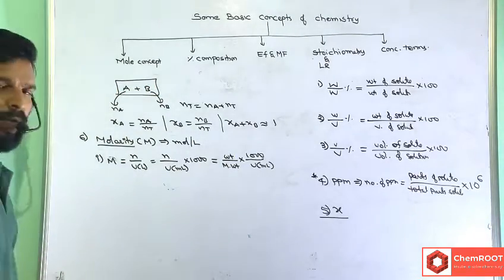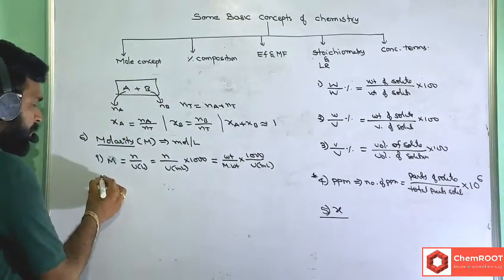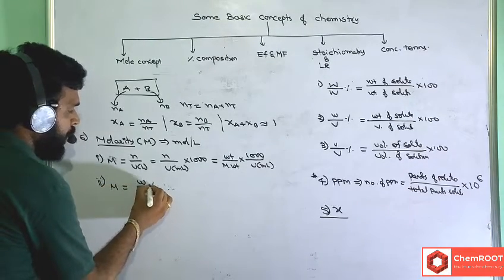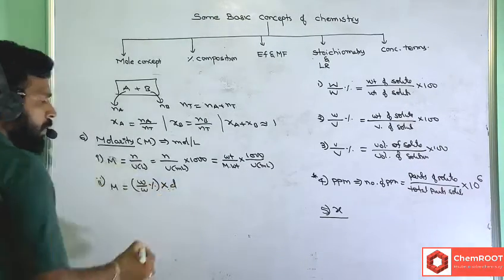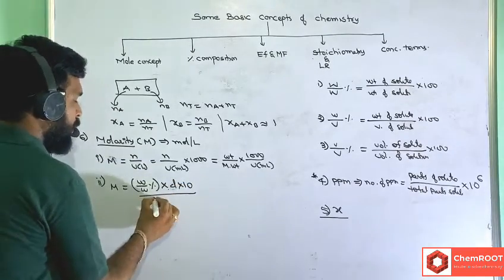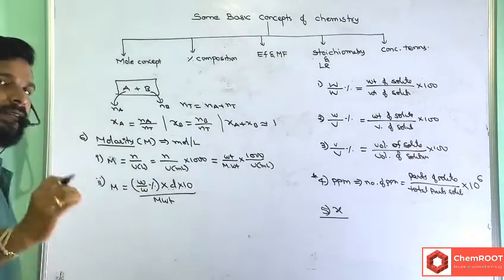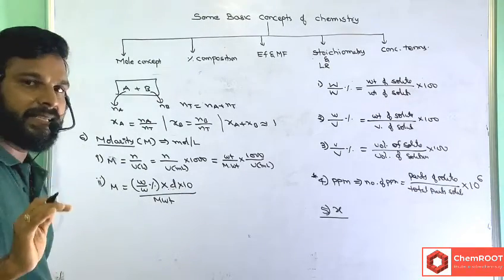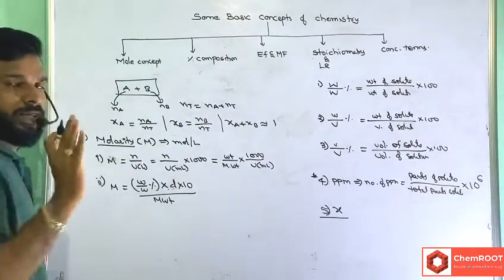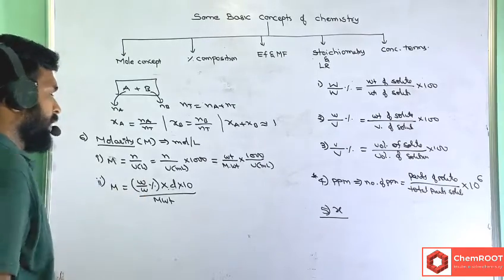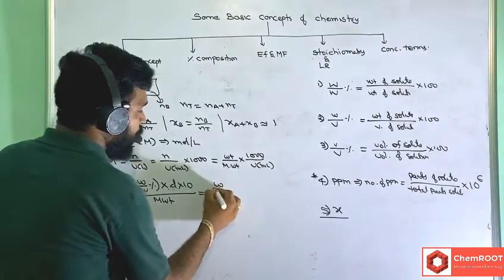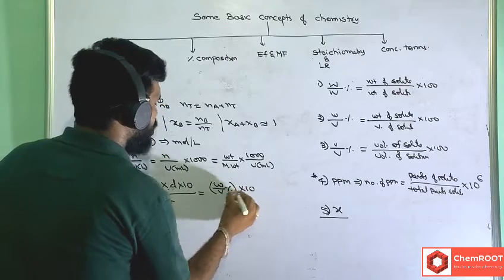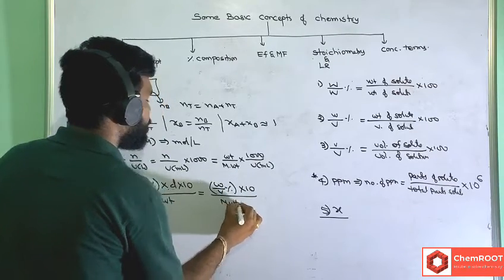These are just fundamental formulas. Basically, questions will come in a different way. For molarity, they will give weight percentage, weight by weight percentage, and density. In that case, we can use this formula. This weight by weight percentage is sometimes called purity, and density for liquids they will call specific gravity, like H2SO4. Sometimes they will give weight by volume percentage, into 10 by molecular weight.